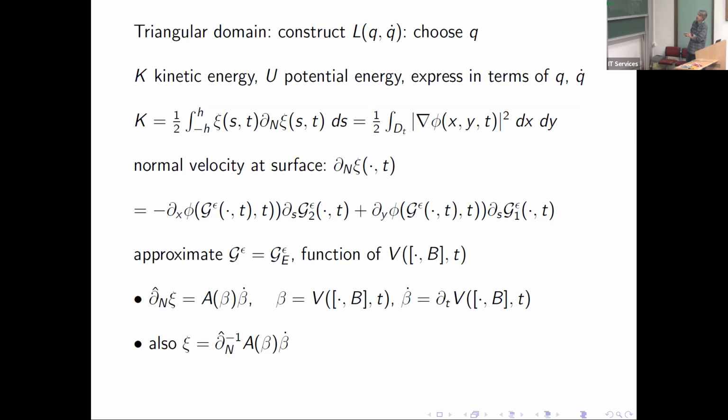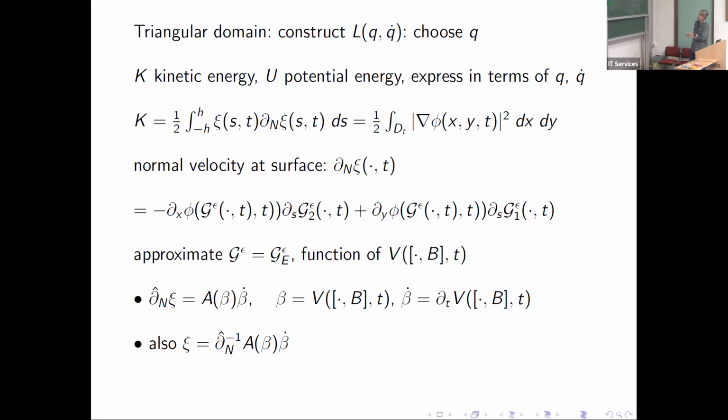And this is what we do here. Starting with this, the integral of the velocity square, basically the kinetic energy, we express in terms of the hydrodynamic potential at the free surface, and here we have a normal derivative. This is defined explicitly. Here we have the surface description. Here's the potential evaluated at the surface.